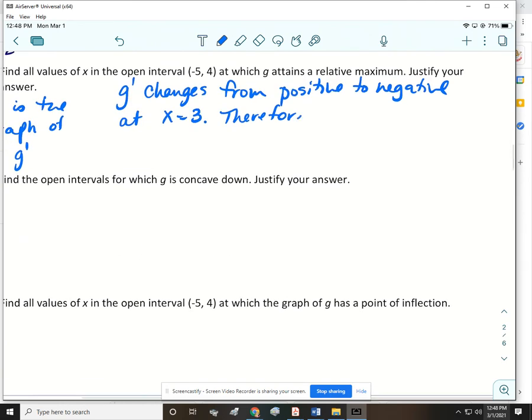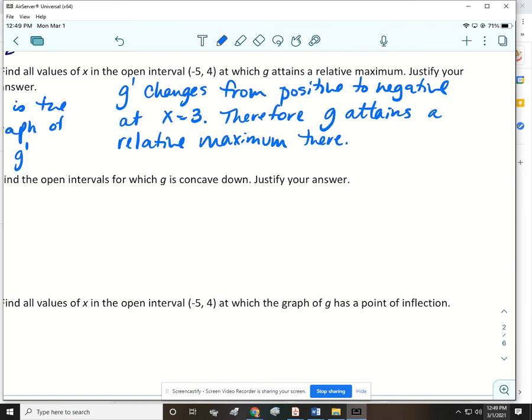So therefore, you can't say G, you have to say G attains, or you can say it has a relative maximum there. Or you could say at 3 again if you want to. And again, there's nothing you can leave out. You have to say all those things.